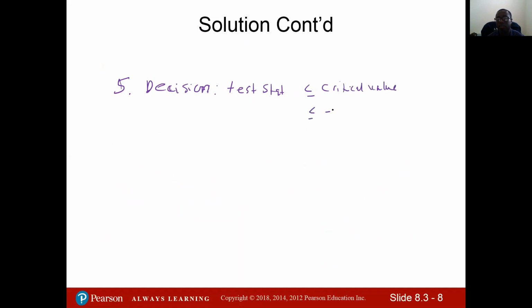The negative one, negative 3.012, and my test statistic is negative 2.578. Is this less than? No, and so in this case we do not reject H0. So we arrive at the same conclusion.